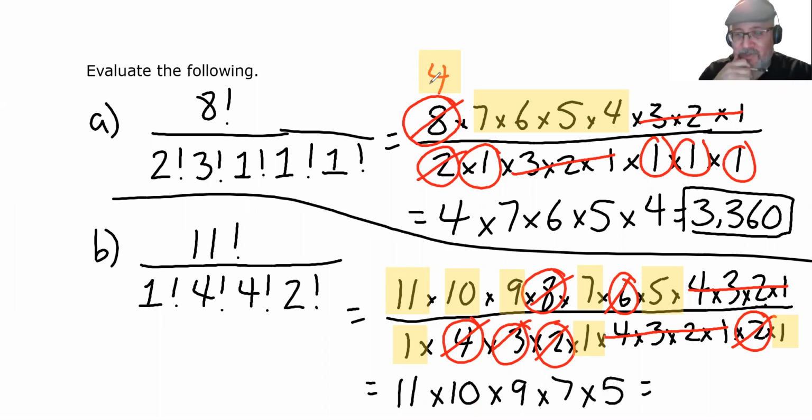I'm going to attempt to do this in my head, but I'm going to call it out as I do it. 7 times 5 is 35. 35 times 9 is the same as 350 minus 35, so that's 315. 315 times 11 is 3465. And then the number at the end is 0 times 10. I hope I did that right. 11 times 10, I was just trying to show off, times 9 times 7 times 5 is 34,650.